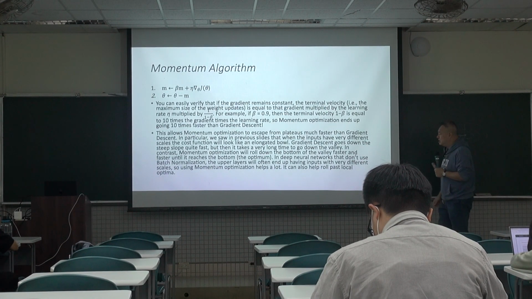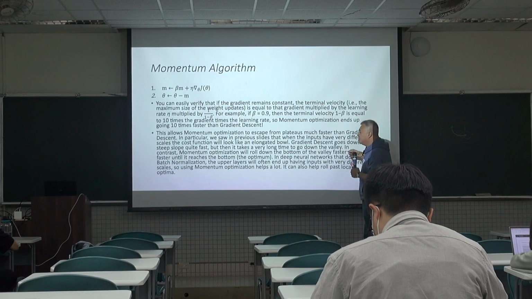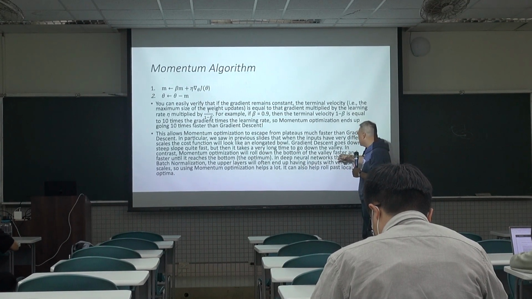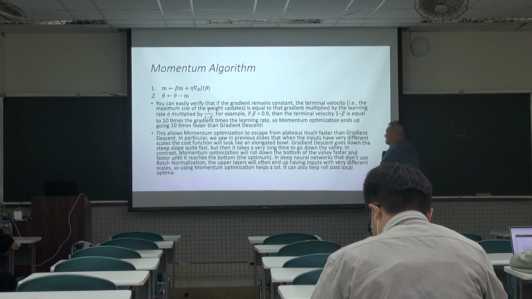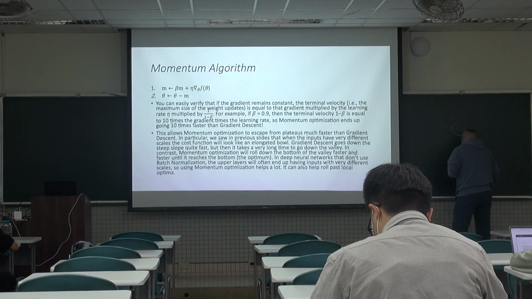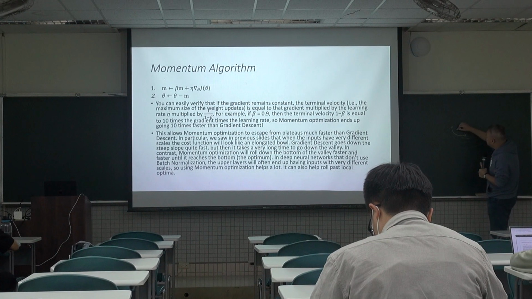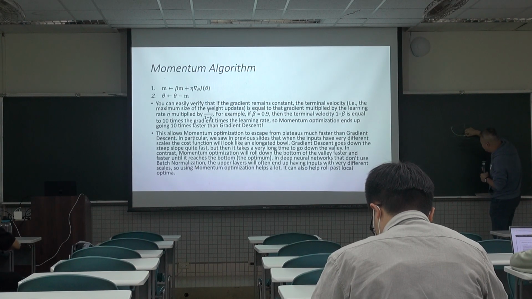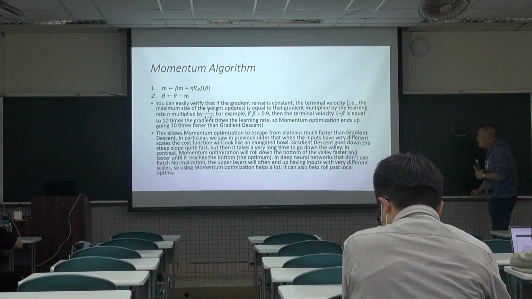In contrast, momentum optimization will roll down to the bottom of the valley faster and faster until it reaches the bottom. It's not going to change this curve, but it's going to move much faster.